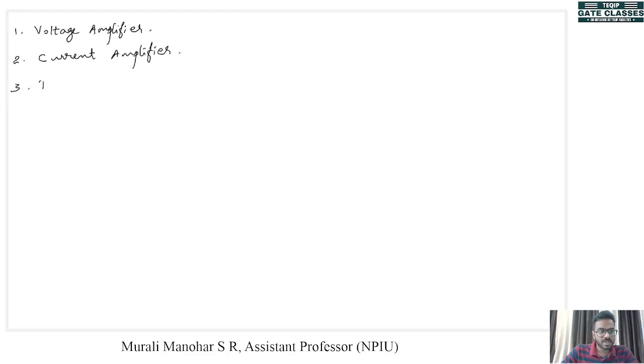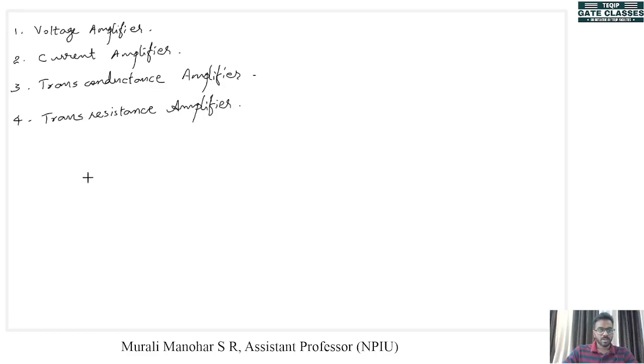Third one is called transconductance amplifier. And fourth one is called transresistance amplifier. Now let's see what these are.